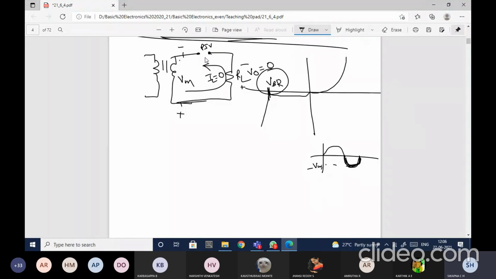Let me denote it as VPIV. Here we need to find the peak inverse voltage. It means that when the diode is reverse biased, what is the maximum peak inverse voltage that can be applied to the diode?